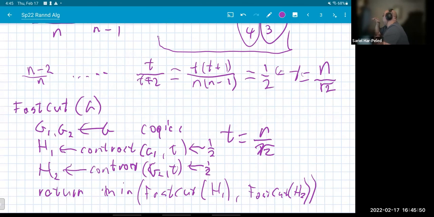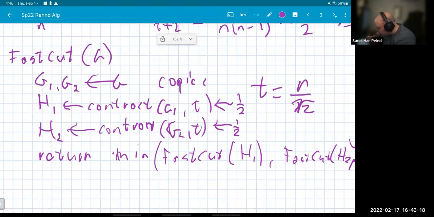This algorithm would return the min cut if in the recursion tree there is a path from the root all the way to the leaf where all the contractions are successful. So think about taking the recursion tree, which is a complete binary tree, coloring the edges by black, red and blue. Red is, let's say, success. Probability of red is half, and you're asking for a path that is completely red.